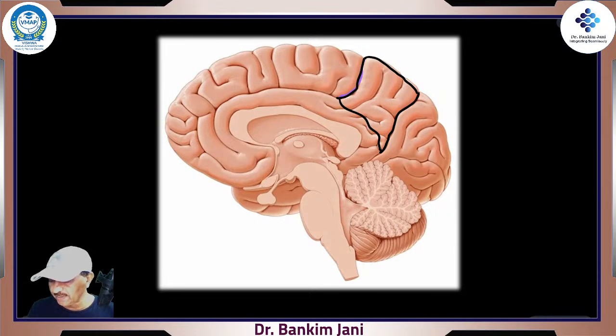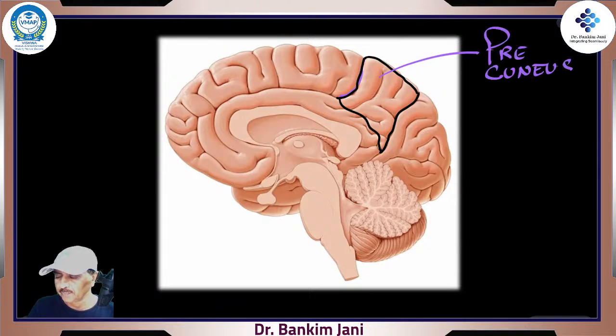Though it is parietal, the name would be different. It is called the precuneus. So the area next to it would be the cuneus. Yes, that's right. This area over here would be called the cuneus.